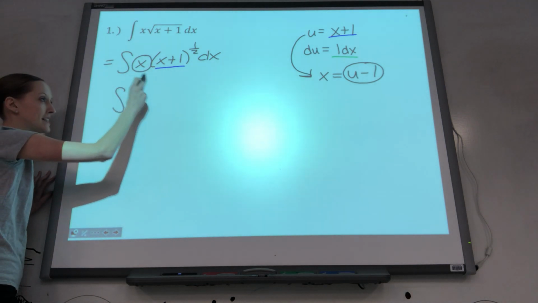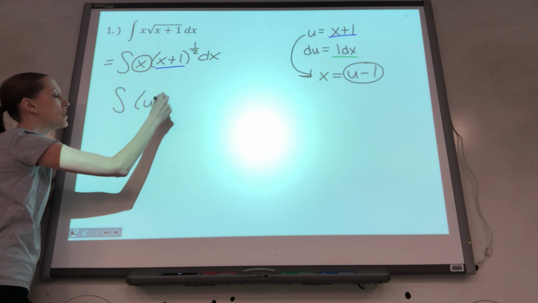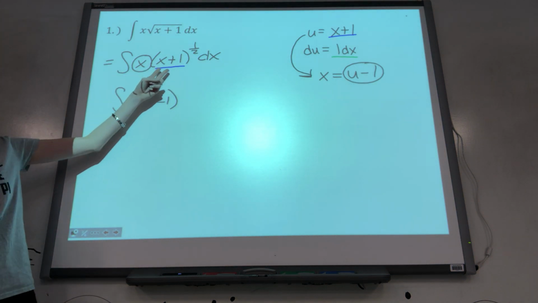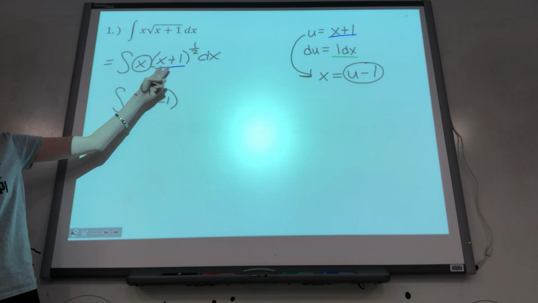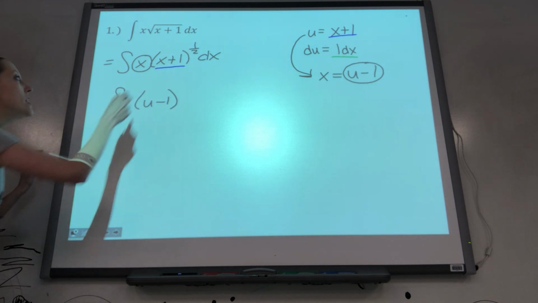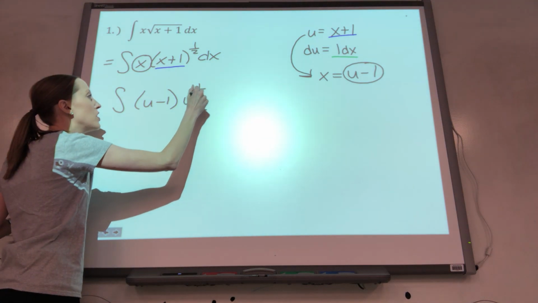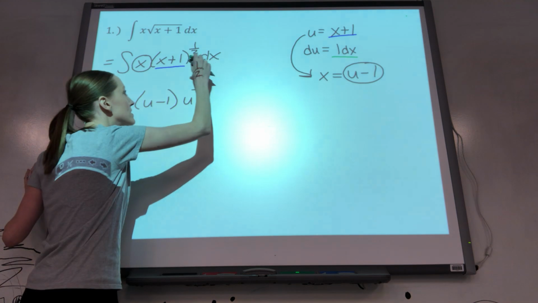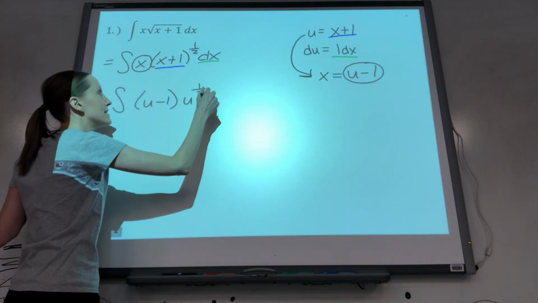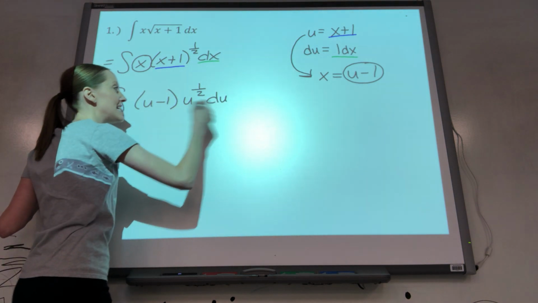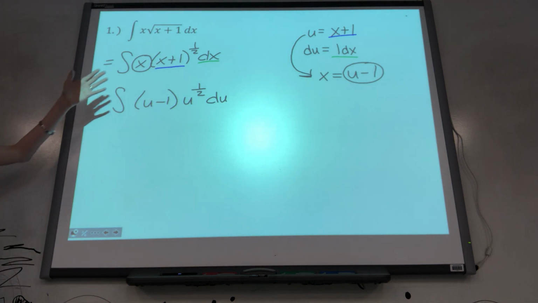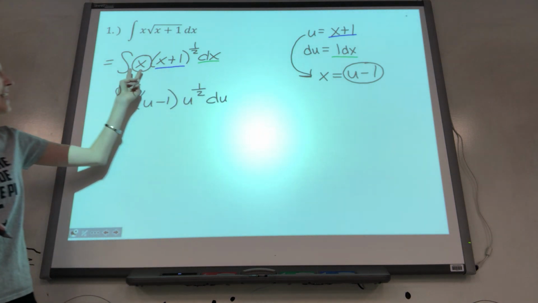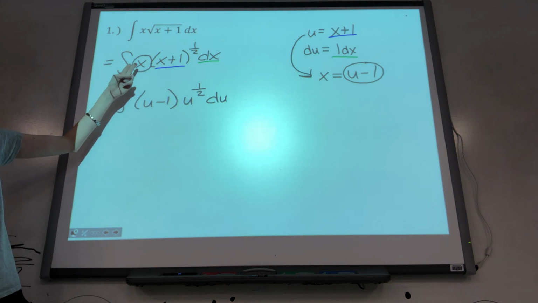Instead of x, I'm plugging in u minus 1, and I'll go ahead and replace that part, the underlined part in blue, with u, and the rest of that is du.